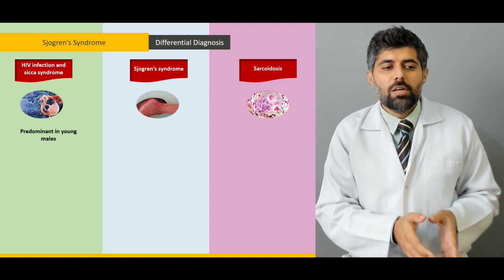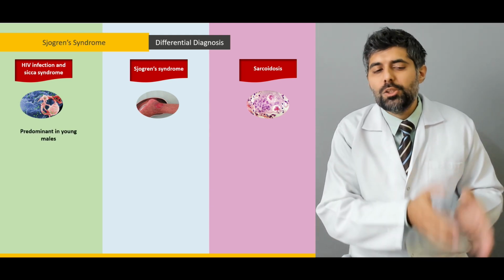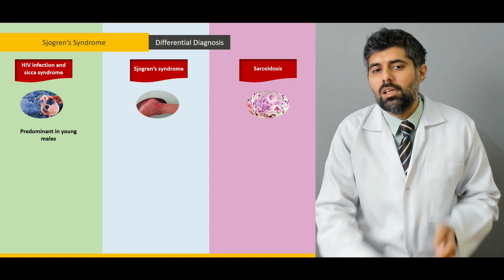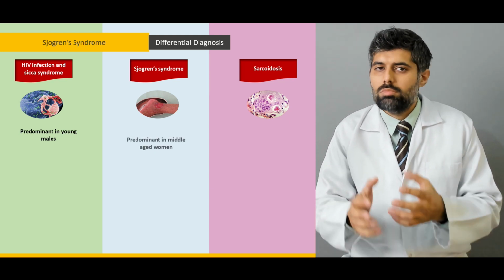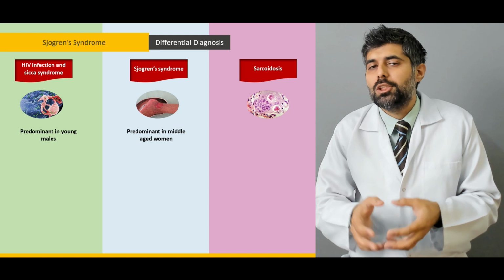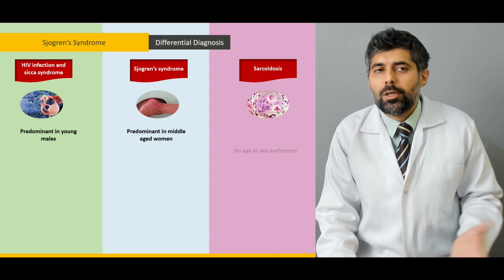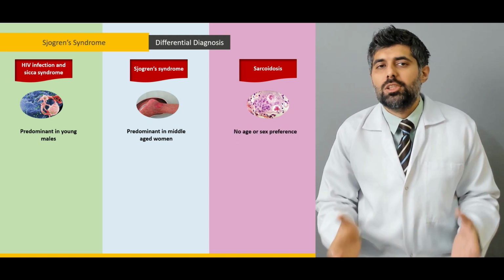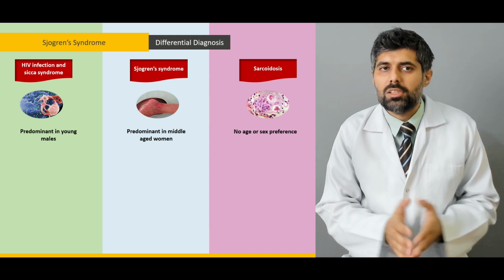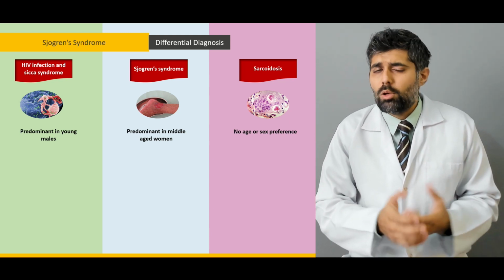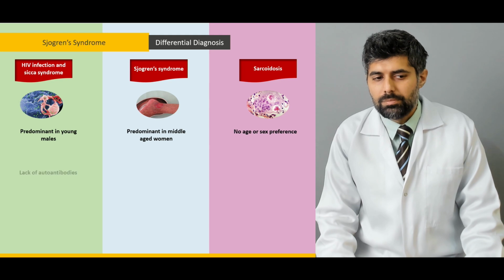Now, for HIV infection, it is usually in young males. For Sjogren syndrome, it is usually in middle-aged women, while sarcoidosis has no such epidemiology. It occurs in patients of every age and gender.